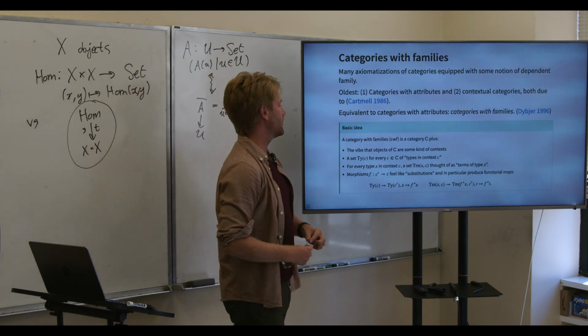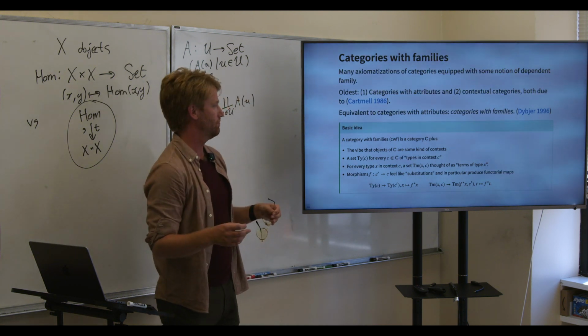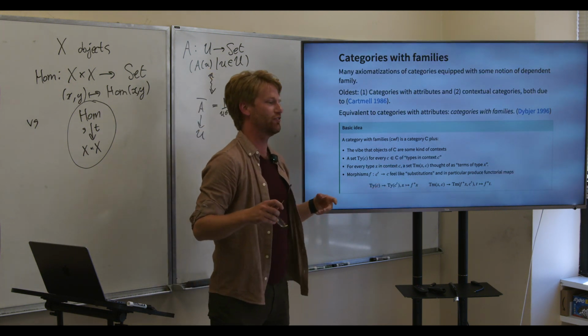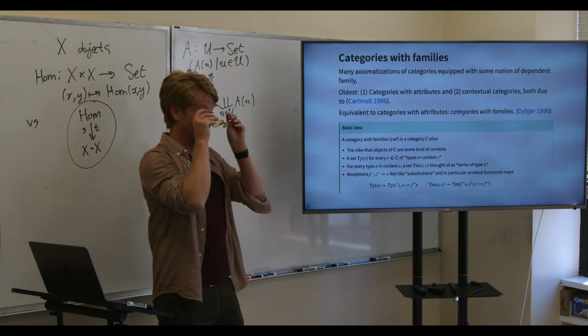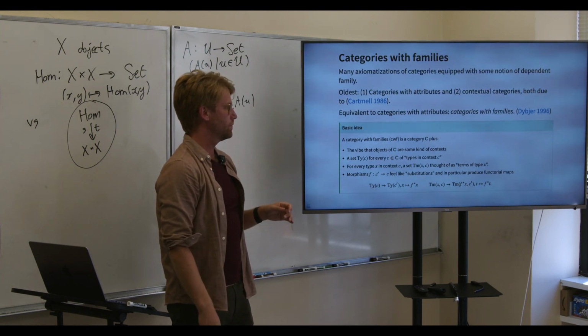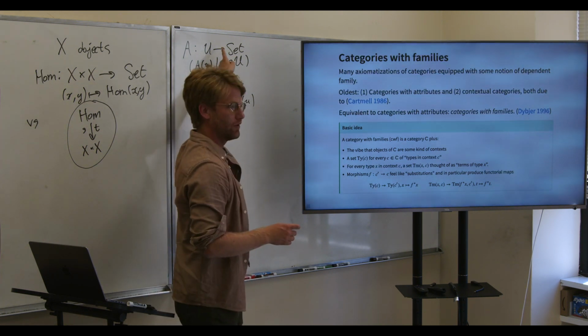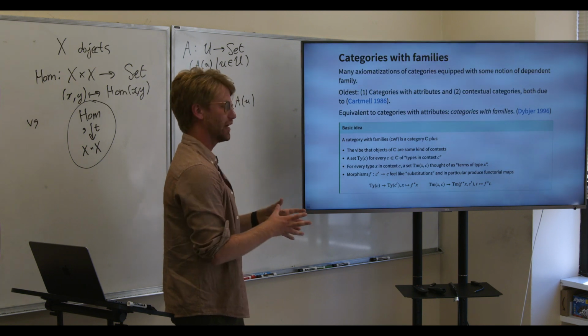Well, you can do a little better with this. You can say Ty and Tm. These two functors fit together into a presheaf of families of sets on C, where a family of sets is just that. And so that compacts things a little bit.